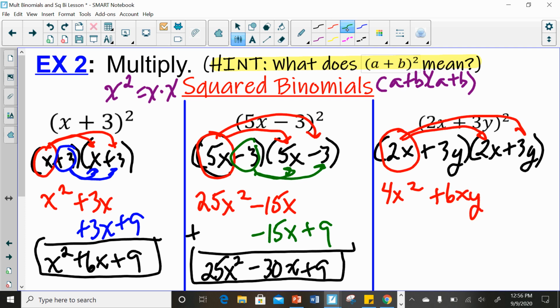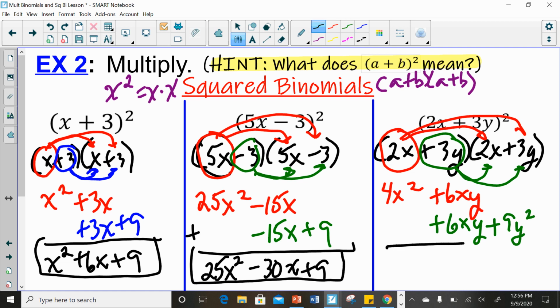And then our last distribution, we're going to take and multiply the 3y to the 2x. So that's also 6xy. Make sure you're writing your variables alphabetically so you can recognize like terms. And then 3y times 3y is 9y squared. Draw your line and add down. So you get 4x squared plus 12xy plus 9y squared.